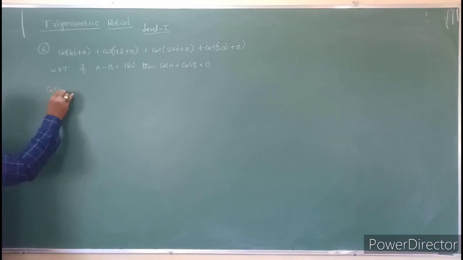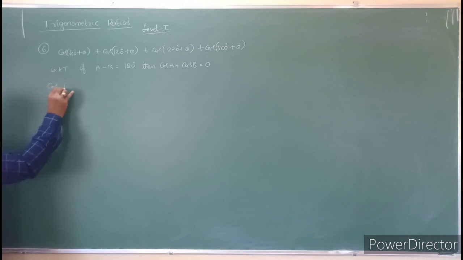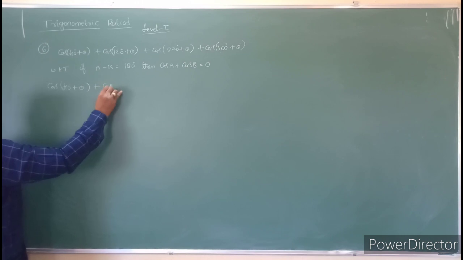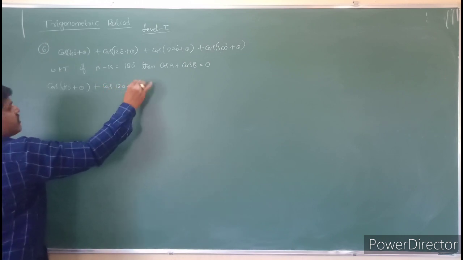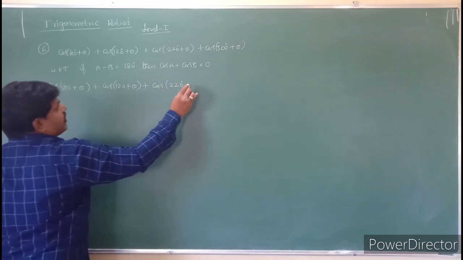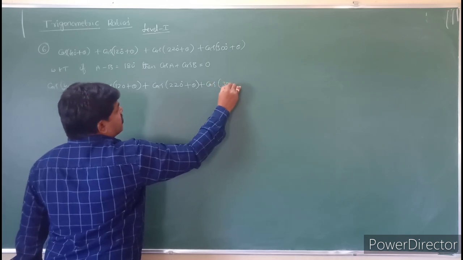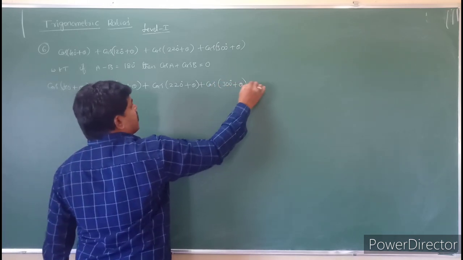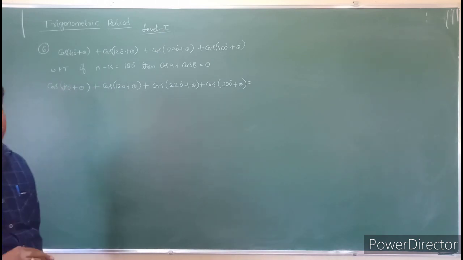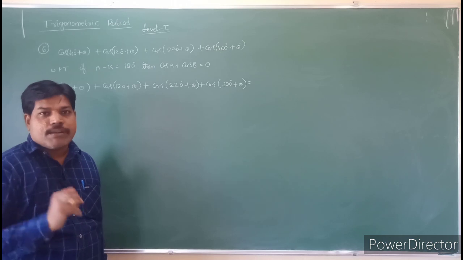Cos 40 degrees plus theta plus cos 120 degrees plus theta plus cos 220 degrees plus theta plus cos 300 degrees plus theta. What pairs are you going to take? The difference must be 180.